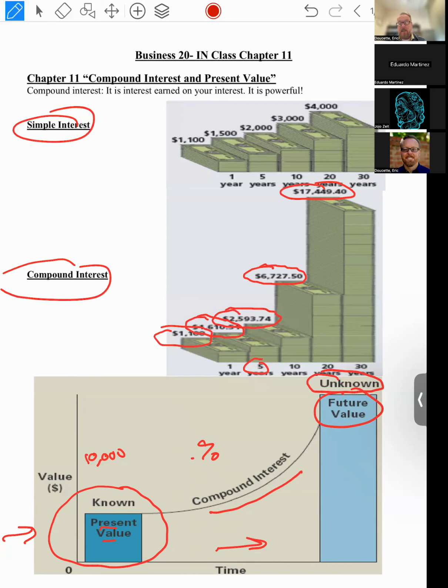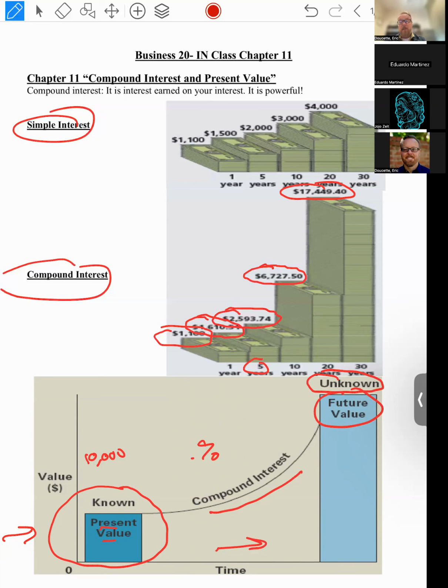So if I said $10,000 at 10% interest over 10 years, how much is that amount going to be in the future? How much interest will I earn is basically the question. I know my present value today is $10,000, but my future value is unknown to me. That's the kind of problem I'm going to try to solve. Those are compound interest problems.